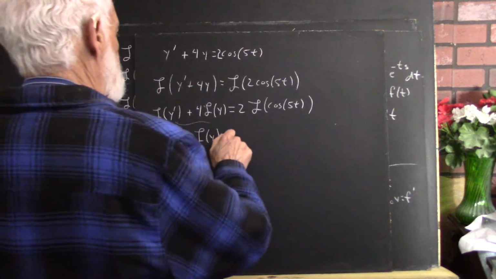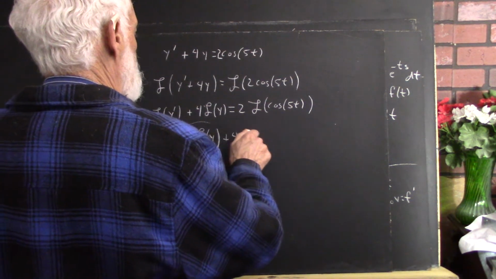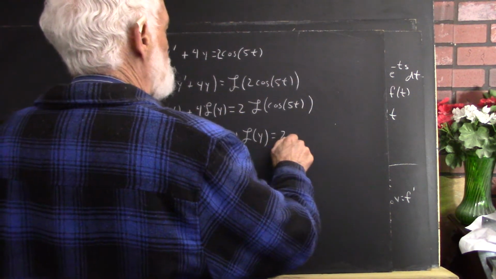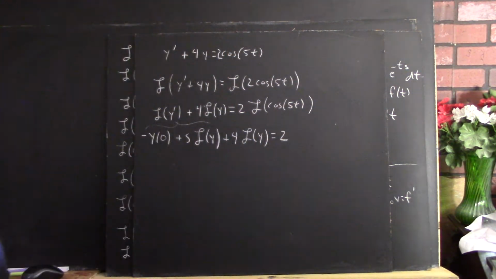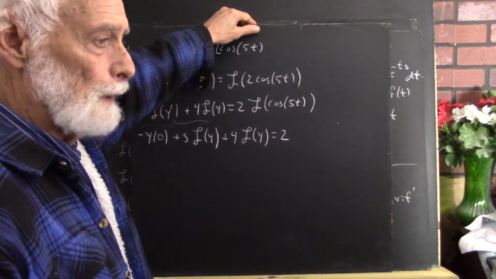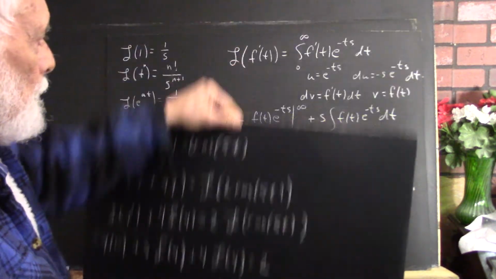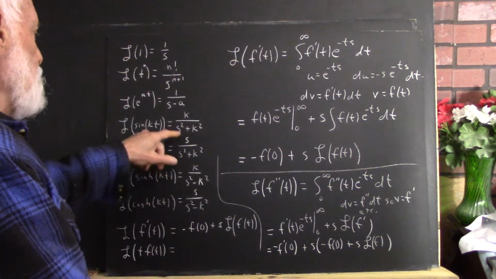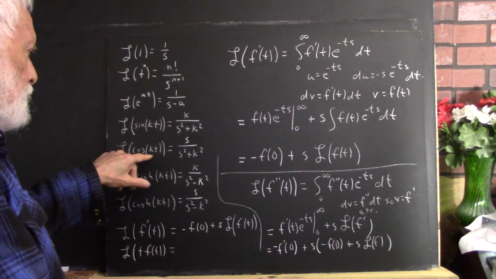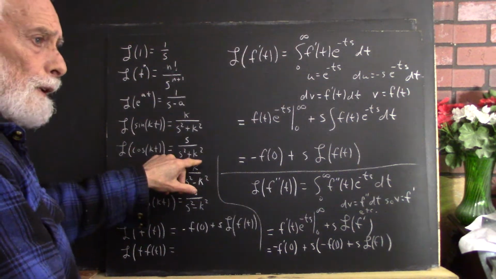And then you've got 4 times the Laplace transform of y equals 2 times the Laplace transform of cosine of 5t. Now let's look back at the Laplace transform of the cosine of kt. It is s over s squared plus k squared.